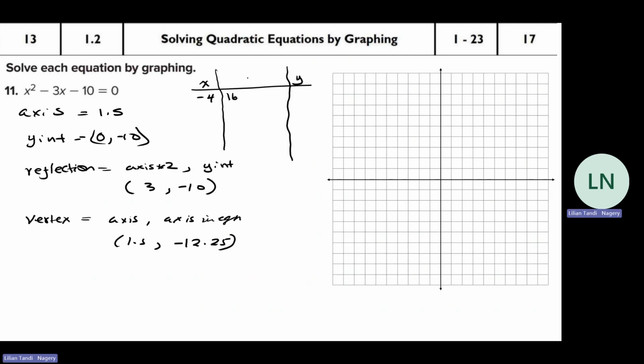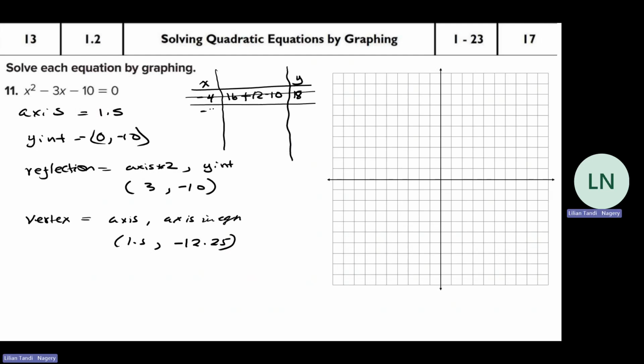Why I got 16? I shouldn't have got 16 because this is, oh yes, 16 minus 12 minus 10. That should give you 18. I don't have 18 on my graph.